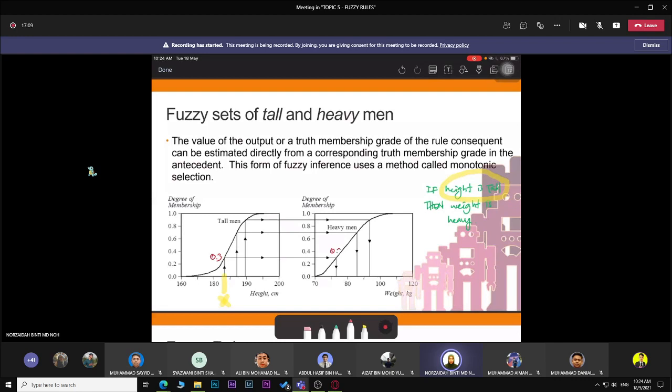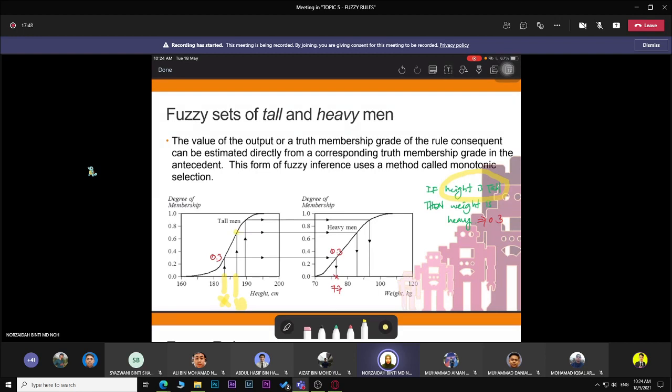So 0.3 here as well. So we can estimate that his weight is heavy to the degree of 0.3, so his weight is about 76, 6 or 7, for example. Around that. Okay, it applies the same to the other degrees of membership. For another example, say you have another one, Y, here, say Y is 187.